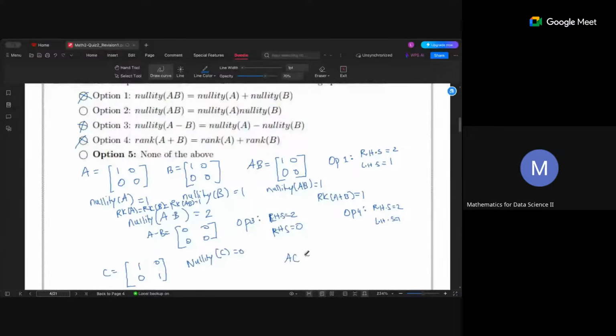AC is equal to A, right? So in this case, what is your LHS for option 2? Nullity of AC is 0.